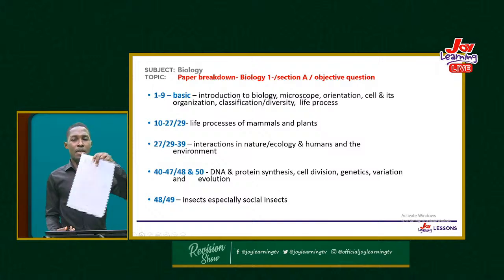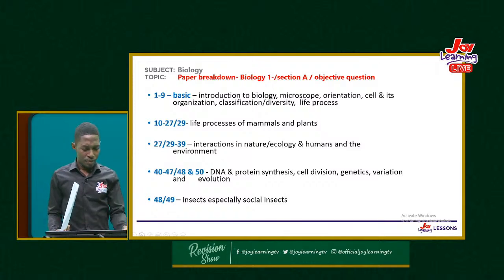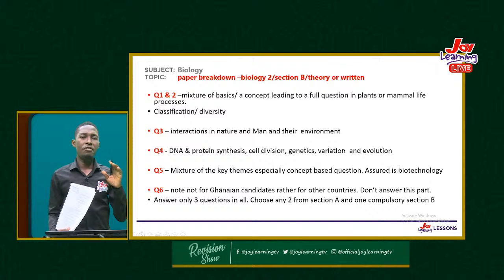Now, what we call section B, that we usually write, is divided in such a way that questions 1 and 2 are a mixture of almost the entire biology, less ecology, man and environment, genetics, DNA. What they usually do is look for a concept in biology.